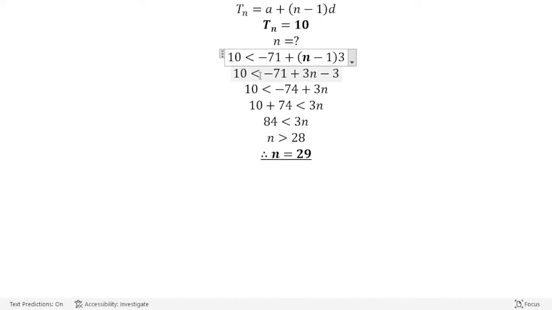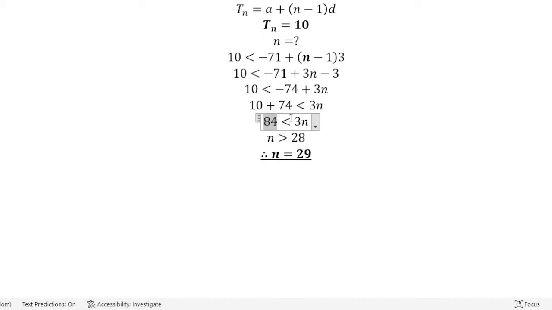Then you use your algebraic manipulation to simplify this expression on the right hand side. Then we got 84 is less than 3n. Then we divide by 3 on both sides. 3n divided by 3, we're left with n. Then 84 divided by 3 is 28.